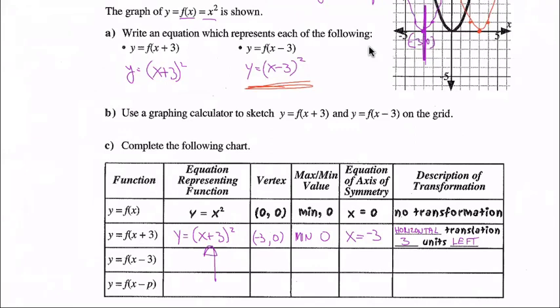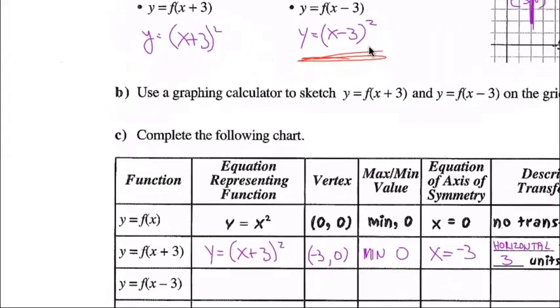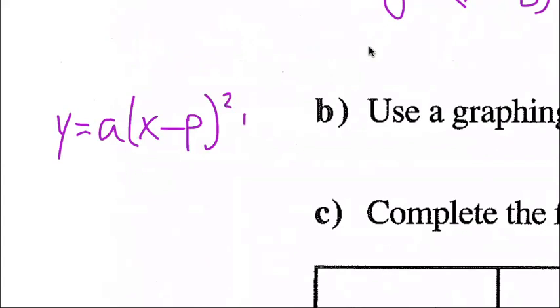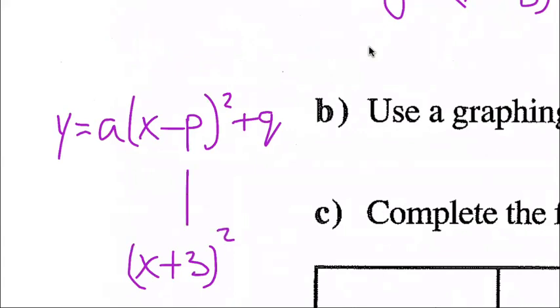So really what happens is that the standard form of this equation is y equals a times (x minus p) squared plus q. My equation down below is (x plus 3) squared. Well, if it's x plus 3, how did minus p become x plus 3?